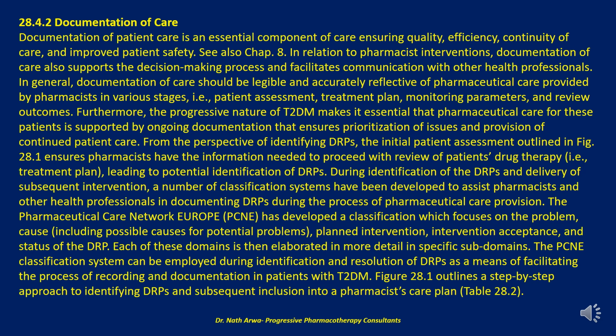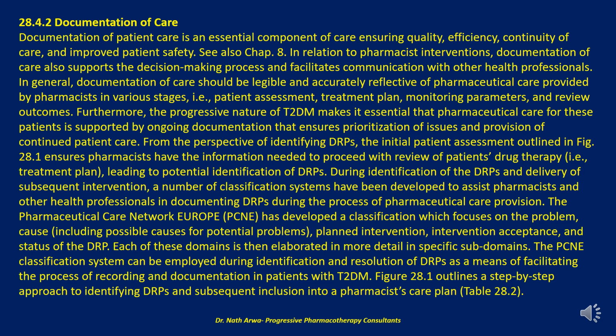The Pharmaceutical Care Network Europe (PCNE) has developed a classification which focuses on the problem cause, including possible causes for potential problems, planned intervention, intervention acceptance, and status of the drug-related problem. Each of these domains is then elaborated in more detail in specific subdomains.